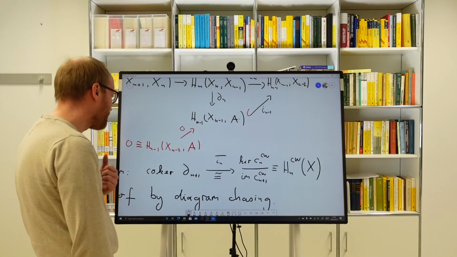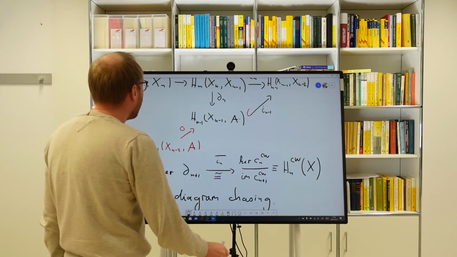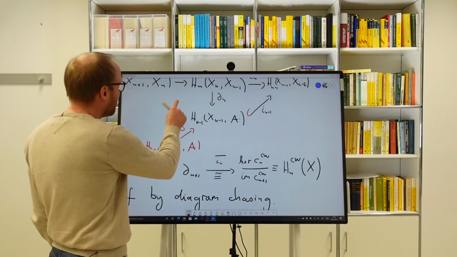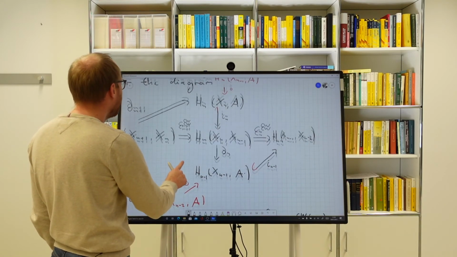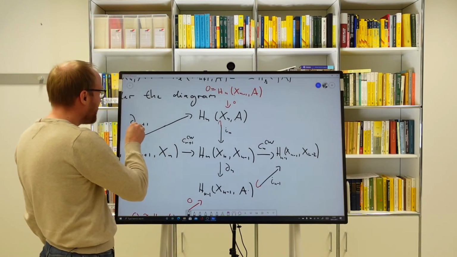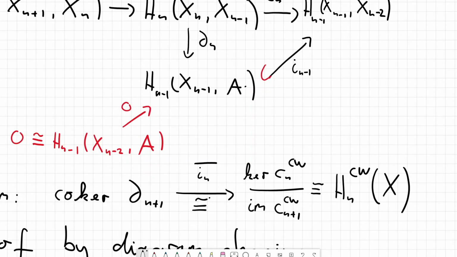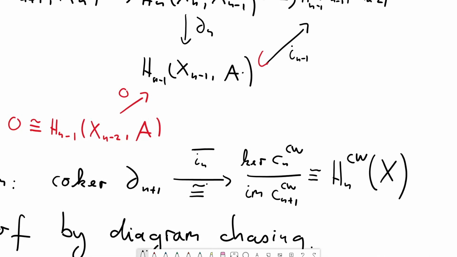And the second thing is well-definedness in the sense of independence of representatives. So what I have to show here is if I take an element from the image of dn plus 1 here and I map it down by in, I want this to be 0, meaning in this object, it should lie in the image of Cn plus 1 CW.